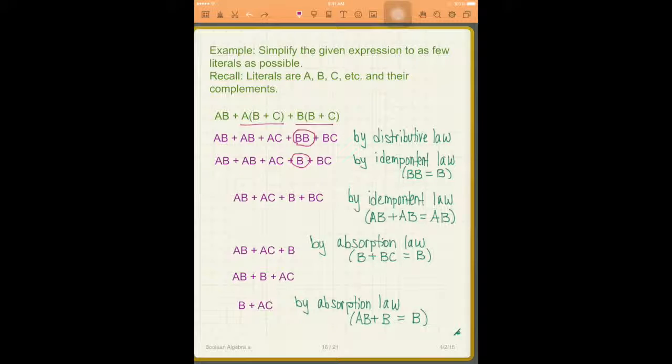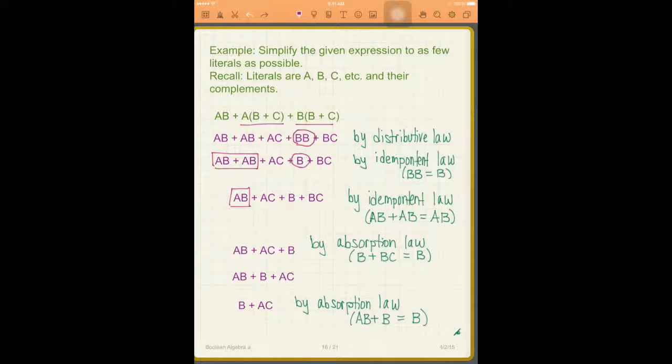And then again, by the other idempotent law, that AB plus AB remains AB, if we're adding these two elements together, it's the same as just having AB. Then I use the fact from Boolean algebra that by the absorption law, if you have B plus BC, that remains B.